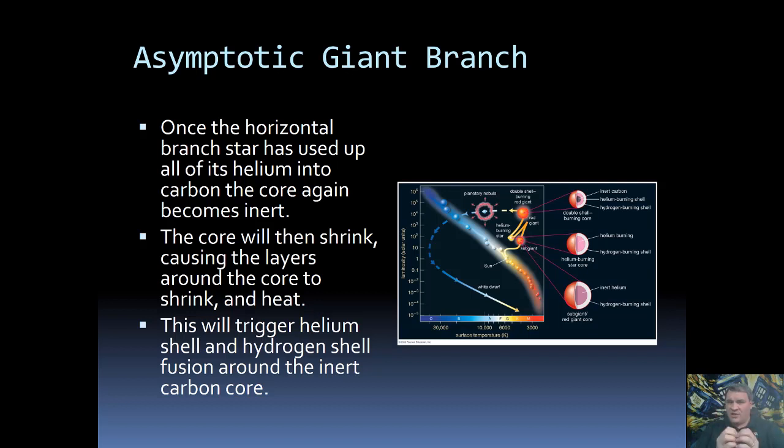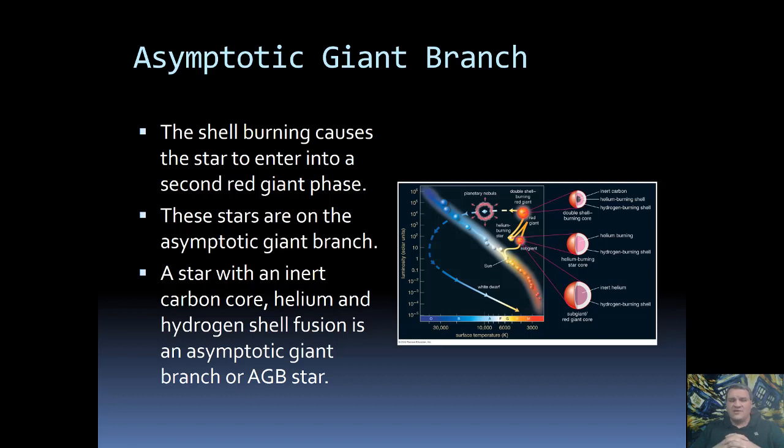As the core contracts, this leads to greater amount of fusion in the two shells, and with greater fusion, we're going to get a greater pressure. So the rest of the star is again going to expand. So these stars are referred to as asymptotic giant branch stars. If you remember back to math, I remember talking about this in algebra.